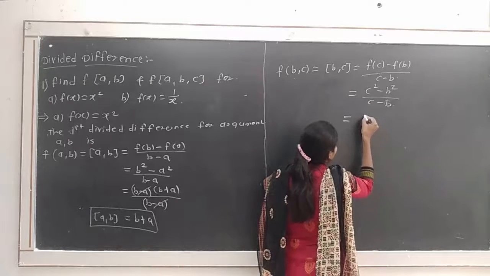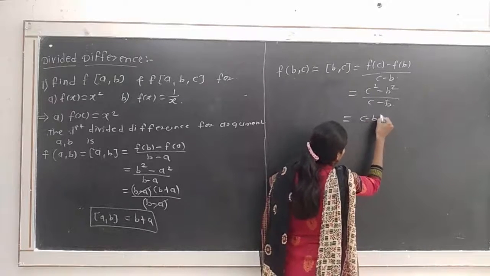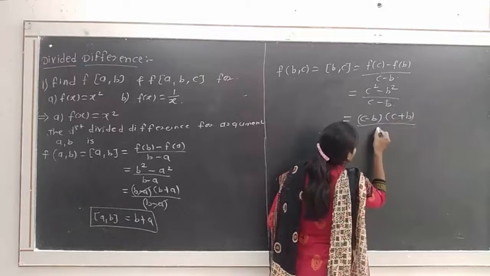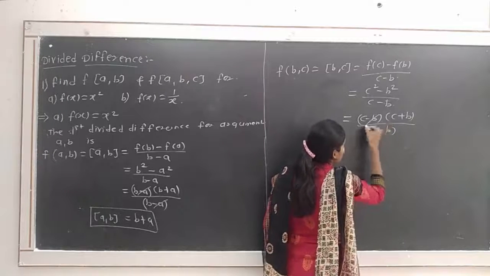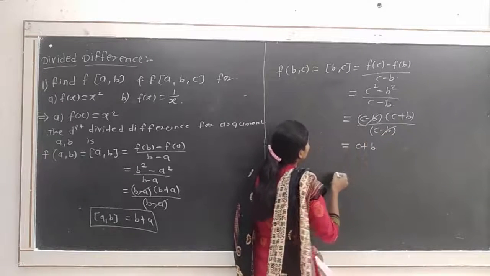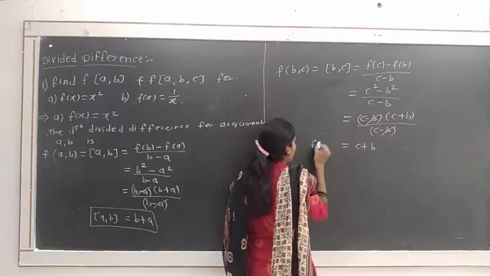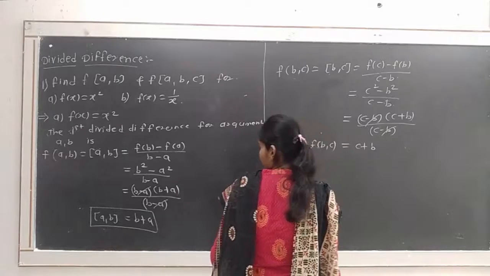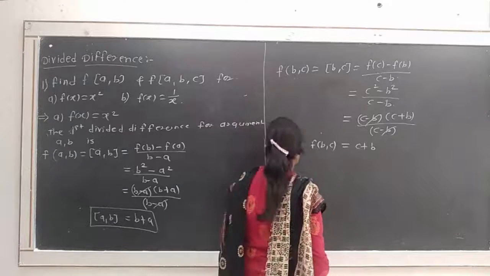By factorizing C square minus B square, we get (C minus B) into (C plus B) divided by C minus B. So C minus B gets cancelled and we get C plus B. So f of B, C, the divided difference for the argument BC, is C plus B.